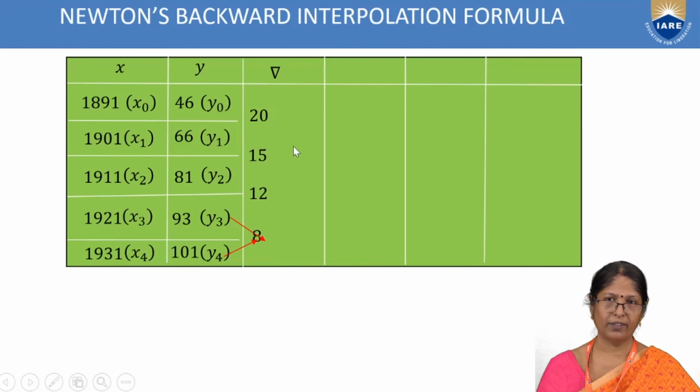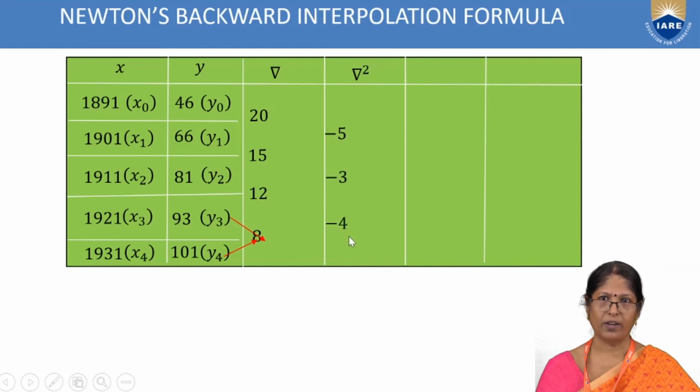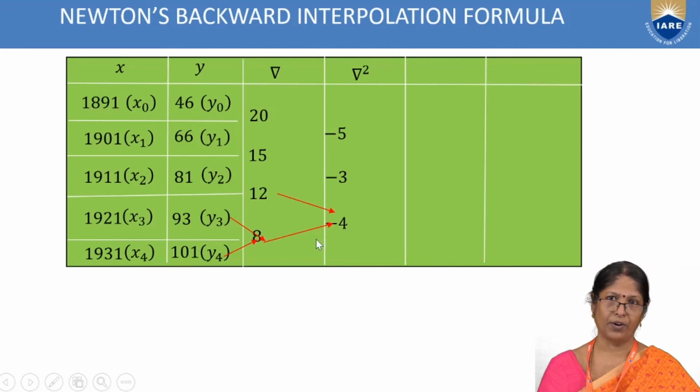So we completed the first backward difference table. Next, del square, that is the second backward difference: 15 minus 20, 12 minus 15, 8 minus 12. You can see the red arrow marks indicating how this minus 4 is written here.